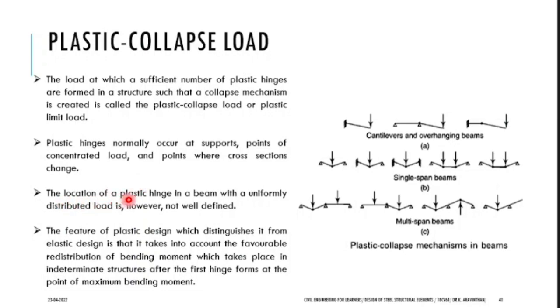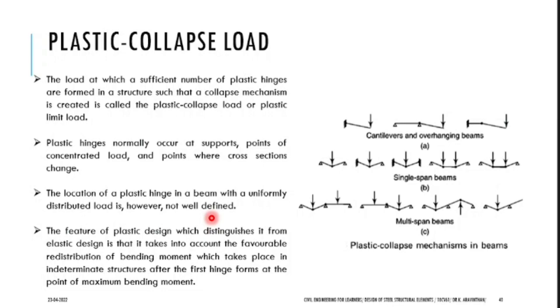The location of plastic hinge in a beam with a uniformly distributed load is however not well defined. So if you have a point load, you can indicate that below the point of the load you will be having a hinge. But if you have a uniformly distributed load, there you can take the concentration of the load. So for that case, you have to deal case by case.